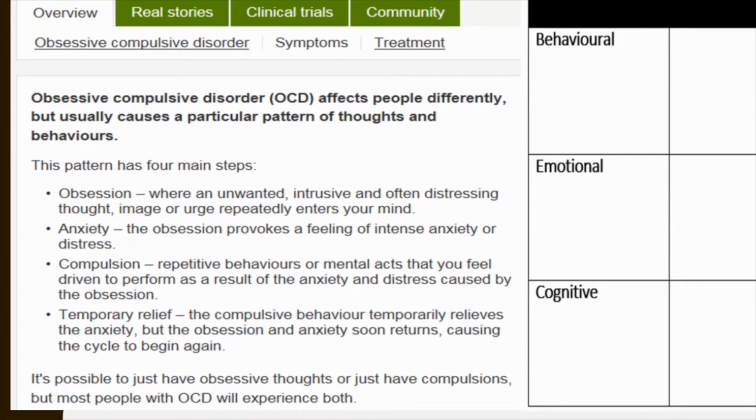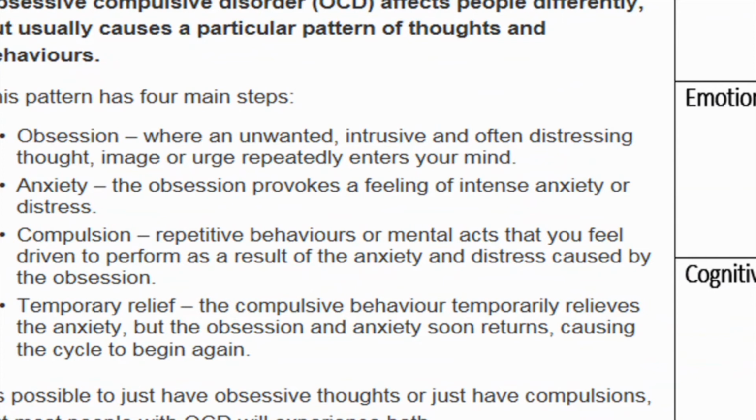So these are unwanted, intrusive and often distressing images that enter your mind. That then creates anxiety, which is intense feelings of distress and fear a lot of the time. Compulsion are the behaviours that you carry out as a result of that anxiety, because those compulsions will then lead to, we can see here, the temporary relief.